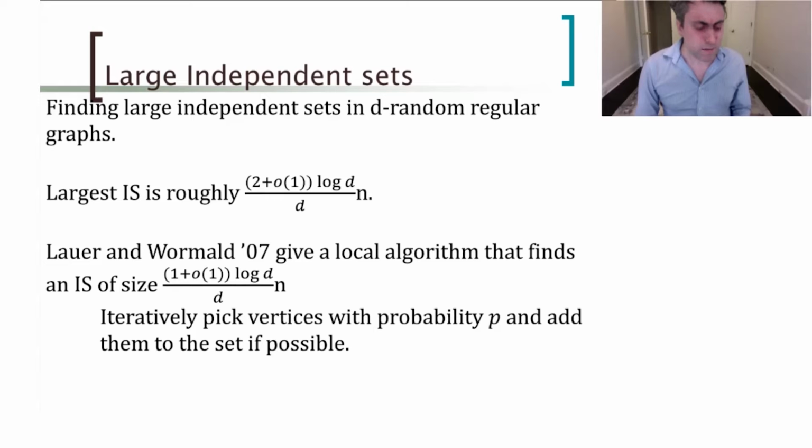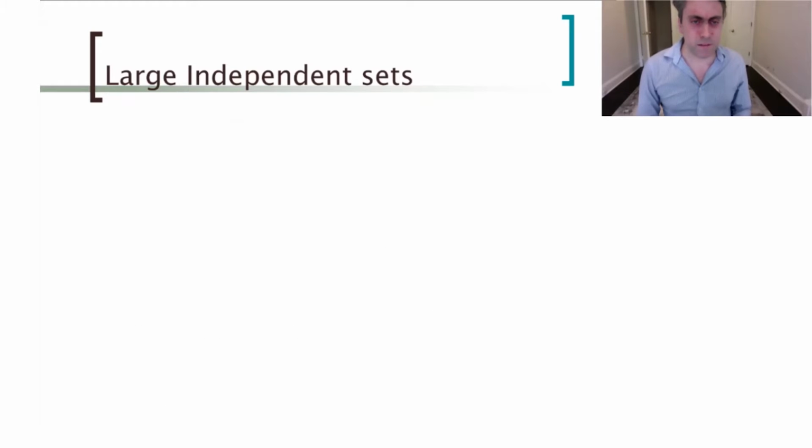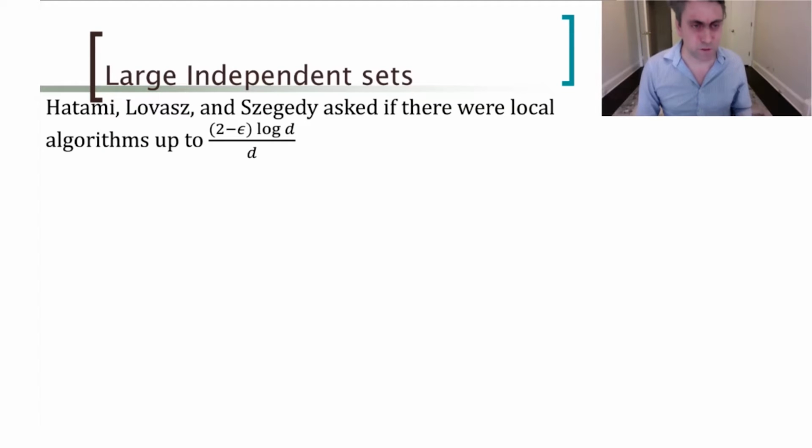But of course there's a gap of a factor of 2, and this was something that David Gamarnik talked about on Wednesday. I'll repeat a really nice result of his, which answered a question of Hatami, Lovász, and Szegedy, which asked: are there local functions that get close to the maximal independent sets?